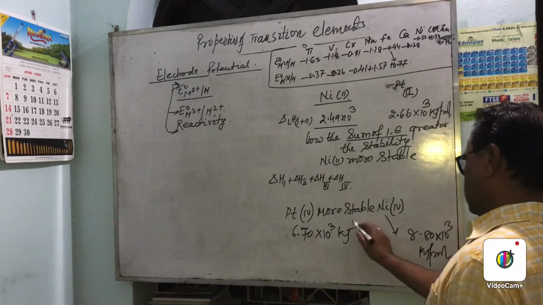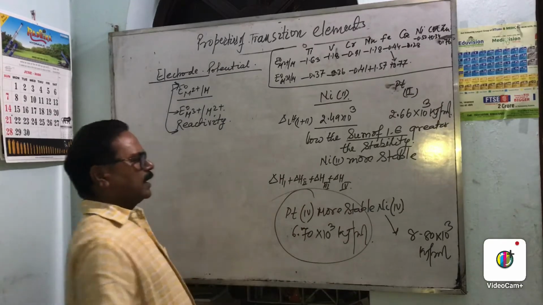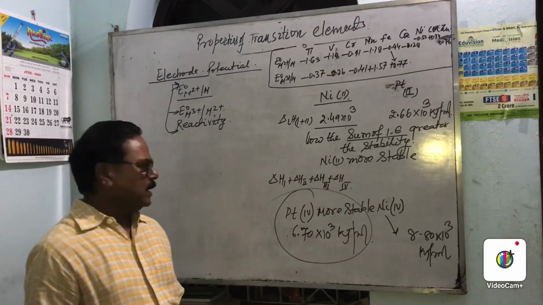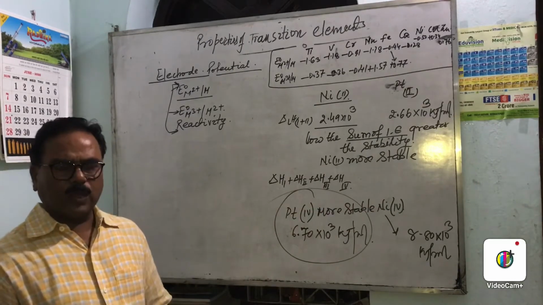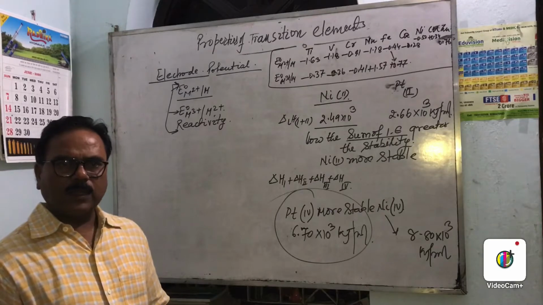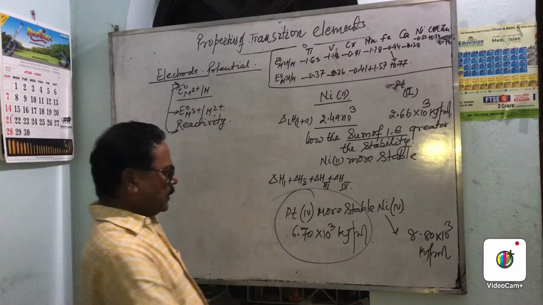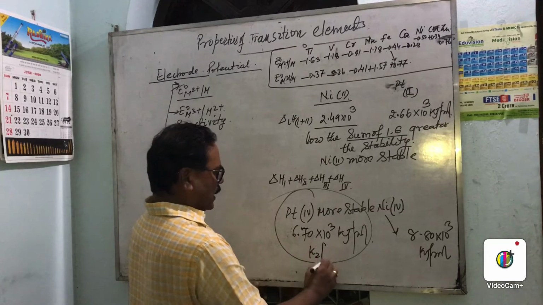So obviously the lower the energy, the greater the stability. That's why out of nickel 4 and platinum 4, platinum 4 is more stable than nickel 4, right?